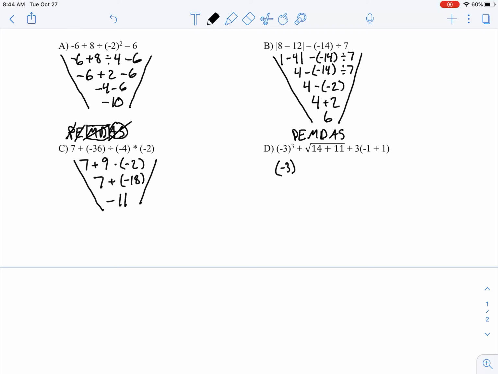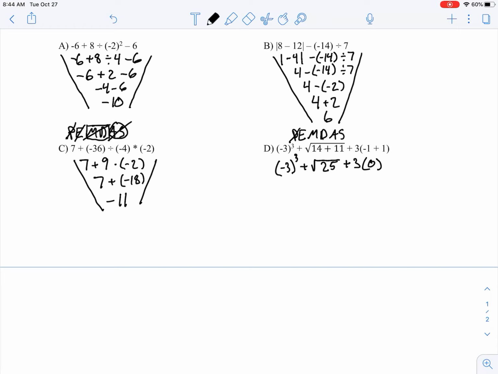So we've got negative 3 to the third plus the square root of, so there's that grouping symbol. 14 plus 11 is 25 plus, well, here we've got another set of grouping symbols. So 3 times, and negative 1 plus 1 is 0. Boom, I've taken care of my grouping symbols.